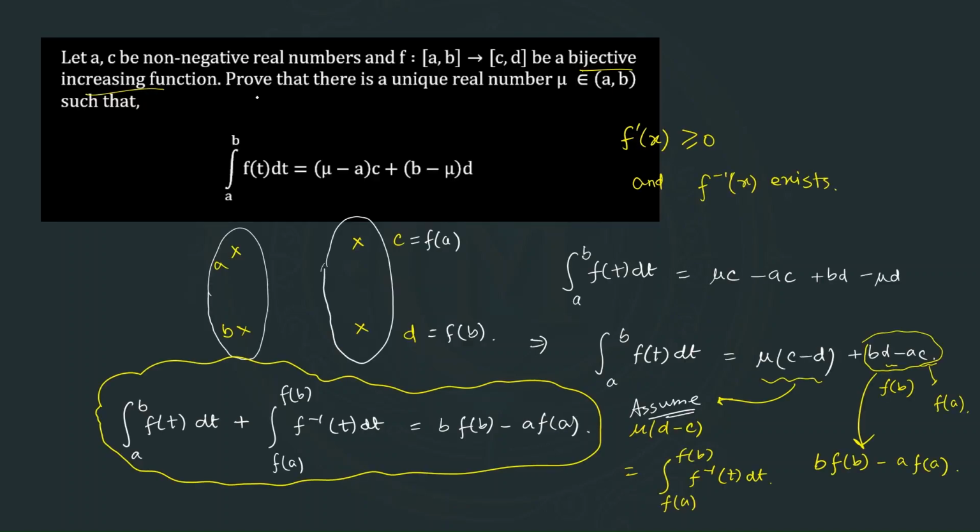So our claim in this case is that mu, which is equal to integral, now f of a is basically c and f of b is equal to d. So it is integral c to d f of t dt divided by d minus c lies in open interval a to b. Sorry, this will not be f of t, it will be f inverse t. So we have to show that this mu lies in this interval.